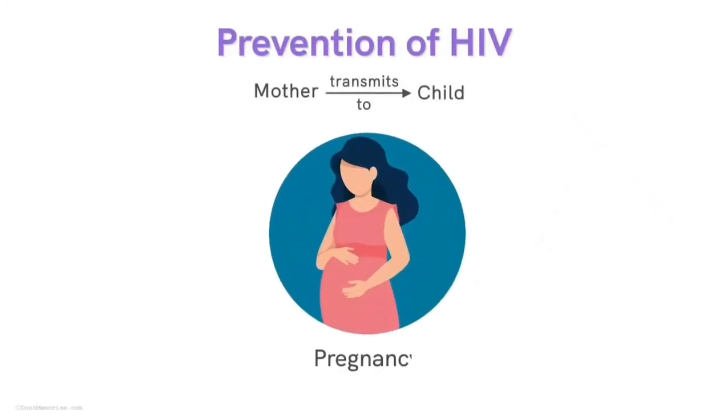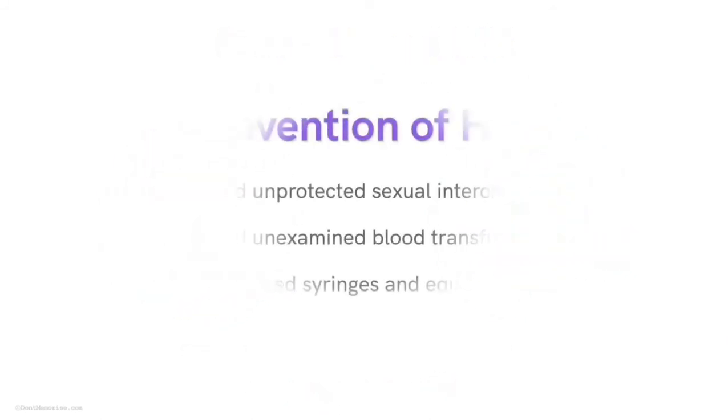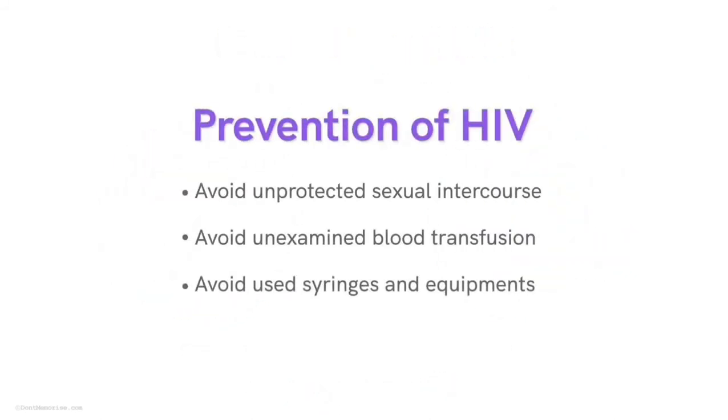And lastly, HIV easily passes from a mother to her child during pregnancy or delivery or through breastfeeding. Thus, proper medications and measures that will prevent the transmission of HIV to the child should be carried out. These are a few methods in which transmission of HIV infection can be prevented.